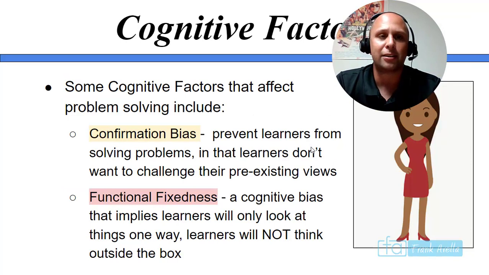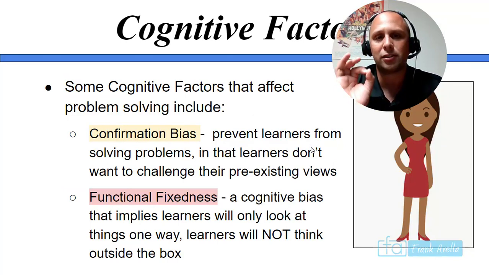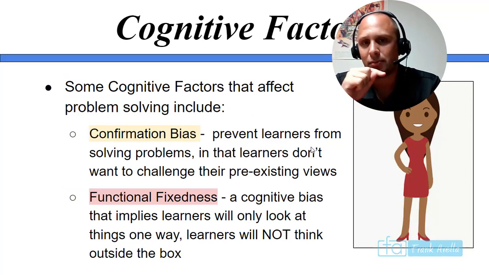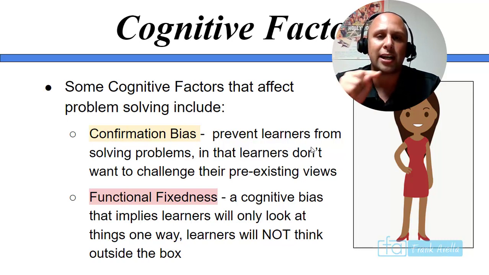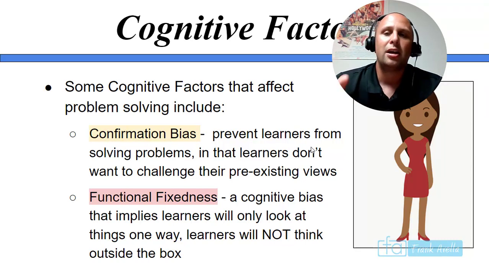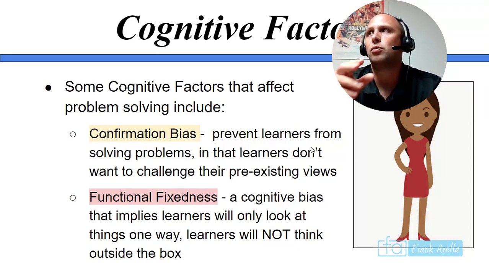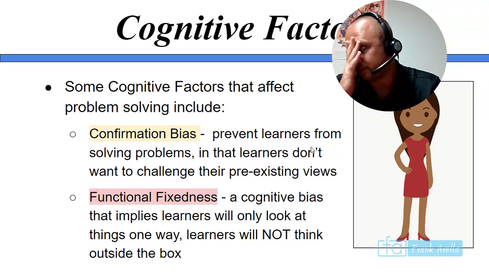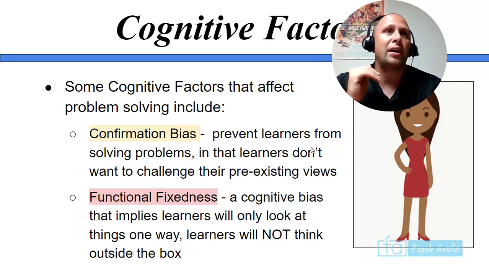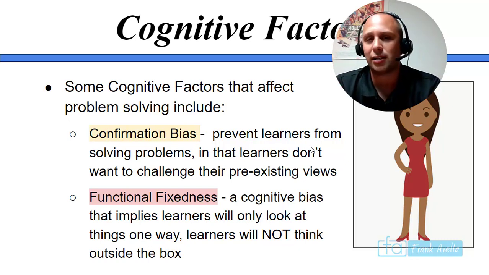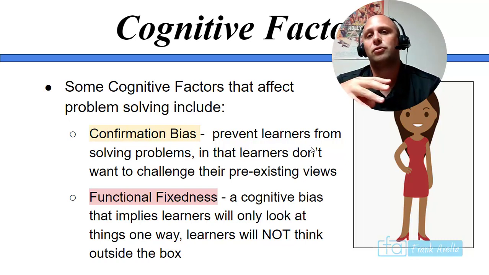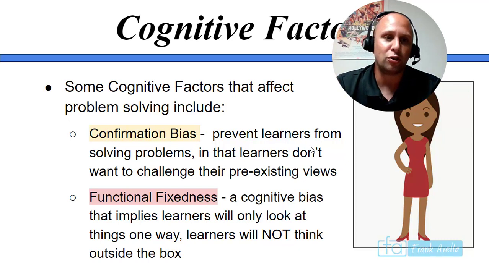So some cognitive factors include, one is confirmation bias. Confirmation bias prevents learners from solving problems, in that learners don't want to challenge their pre-existing views. If you believe the only way to cook a healthy deep fried meal is to do X, Y, and Z, and you never want to try something else, and you don't allow yourself to use the air fryer, you're being limited by your pre-existing views.